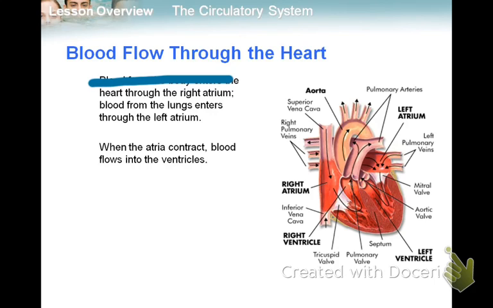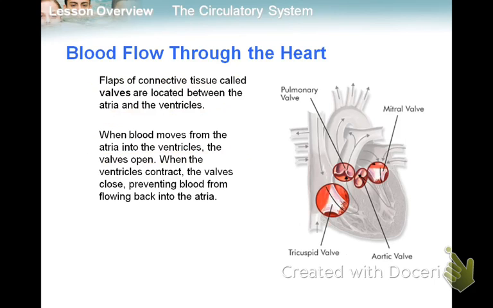Blood from the body enters the heart through the right atrium. Blood from the lungs enters into the left atrium. When the atria contract, blood flows into the ventricles. There are valves between the atria and the ventricles.